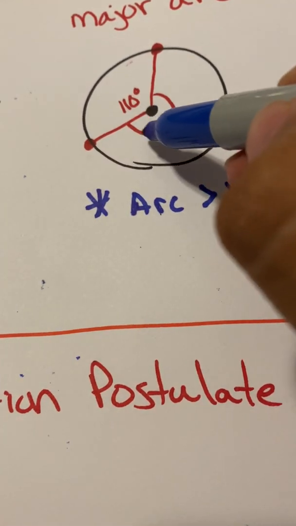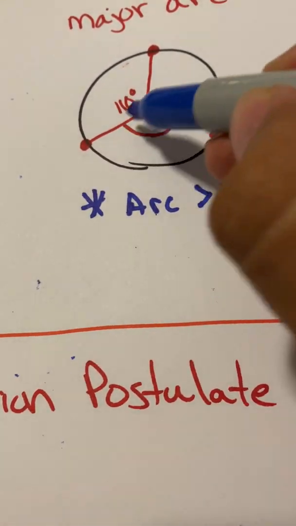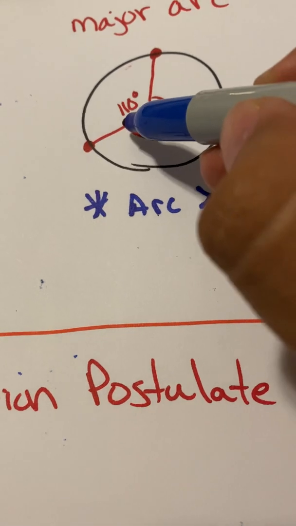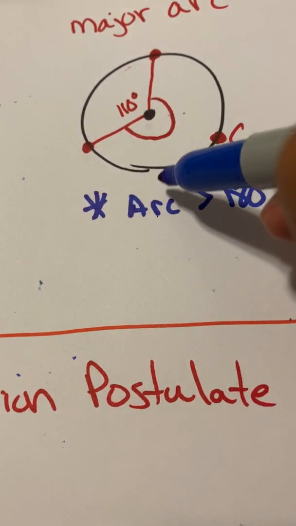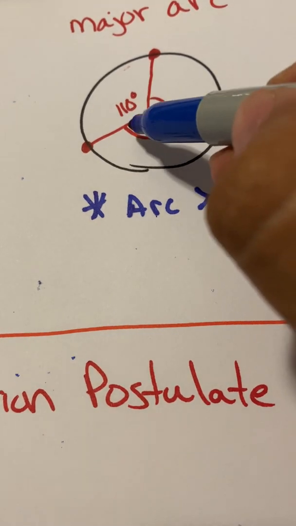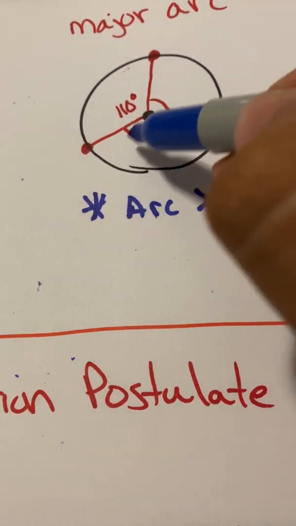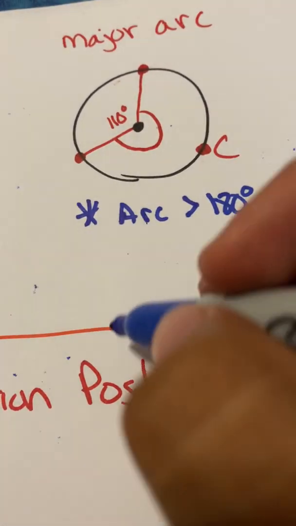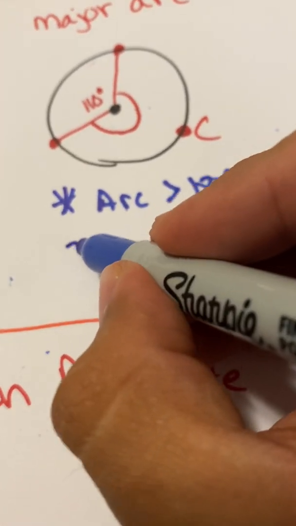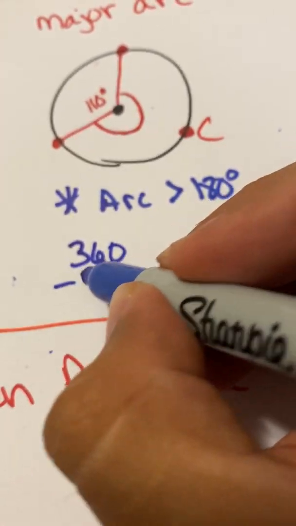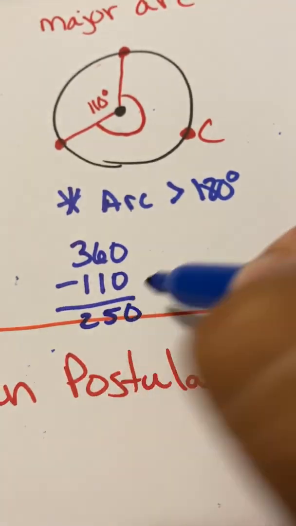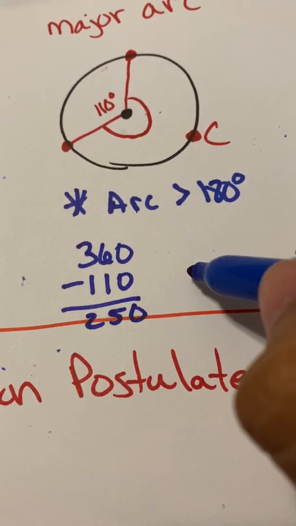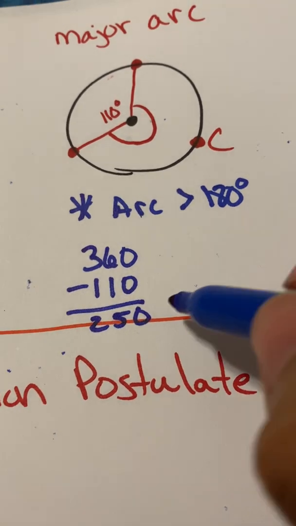So if we know that the entire circle is 360 degrees, but we know that this minor arc right here is 110, then all we need to do is subtract 110 from 360 to find what the rest of the angle is, which would be your major arc. So all we got to do is take 360 and subtract 110, which will give us 250. So the major arc is going to be 250 degrees.